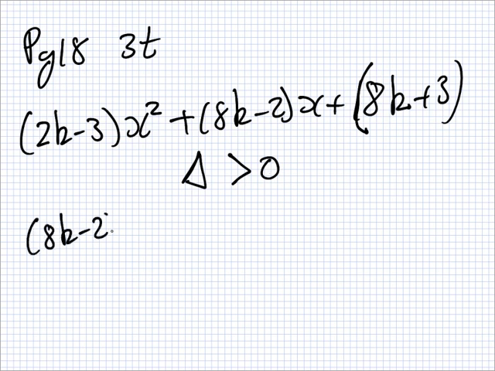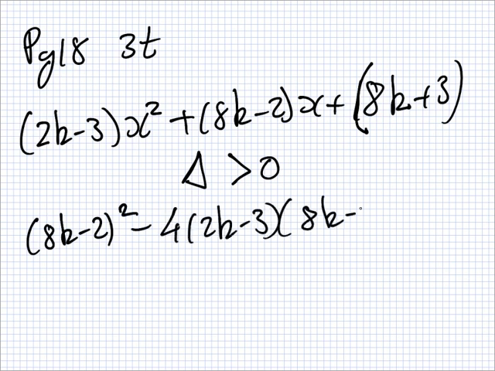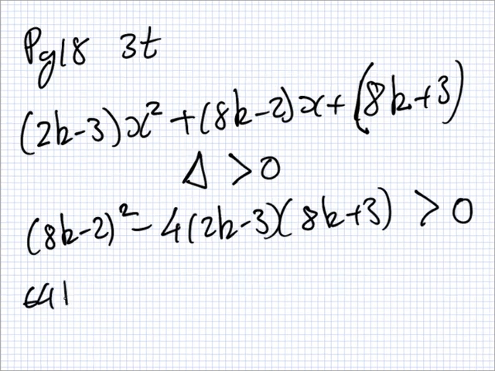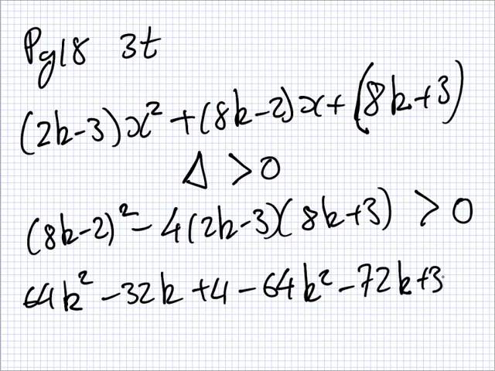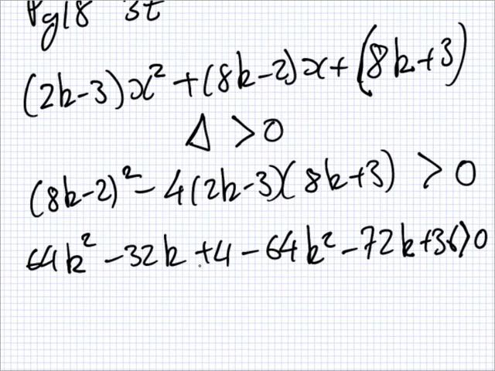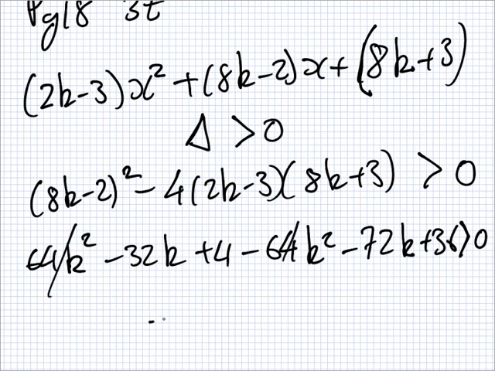B squared minus 4ac should be positive, right? 64k squared minus 32k plus 4, 64k squared, 6 minus 24, isn't it? Minus 18, 30, minus 72? Minus not, plus 36 should be positive. They cancel. Minus 104k. Yeah?